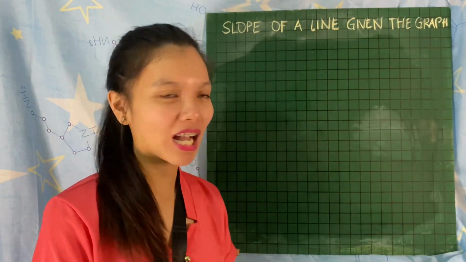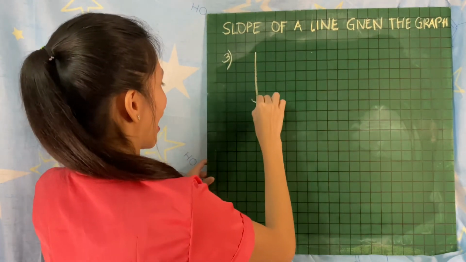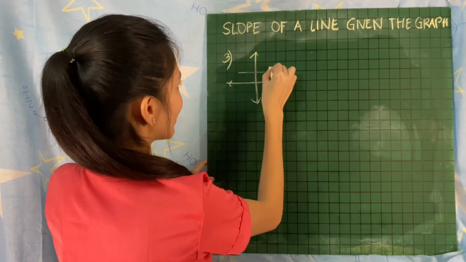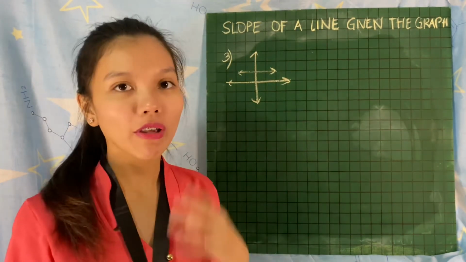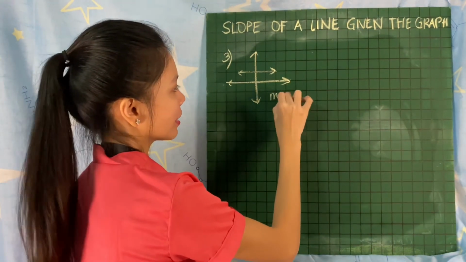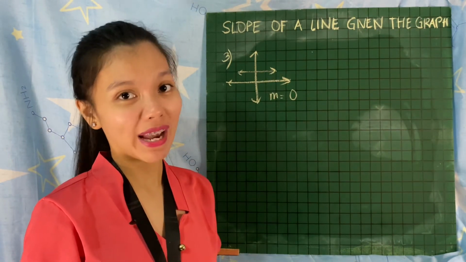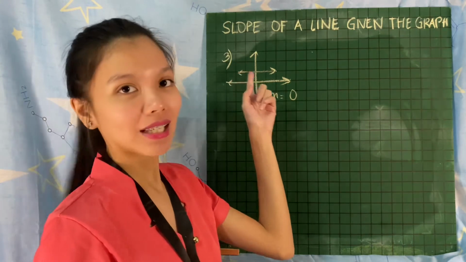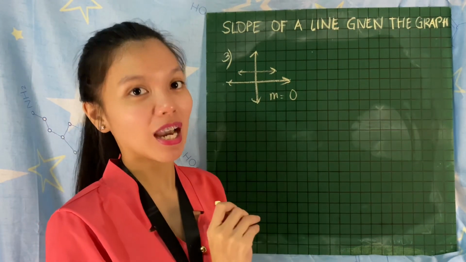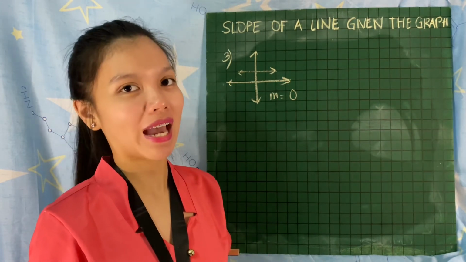Okay, another example. We have this graph which will form a horizontal line. If the graph shows a horizontal line, the slope will be 0 because we have no change in y. Siya ay nasa x-axis lamang, which is the run. So, 0 yung ating change in y, kaya ang slope niya ay 0.